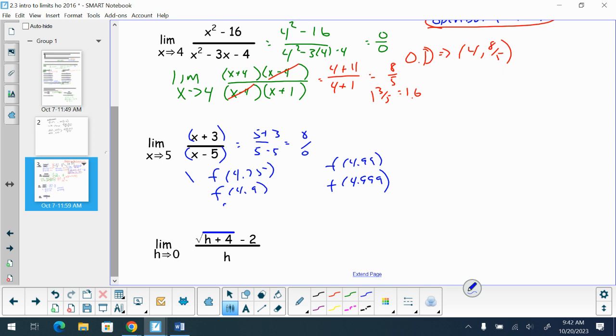What if I got closer to 5 on the other side? 5.1, 5.01, 5.001? What happens to our y value now? Goes to positive infinity.